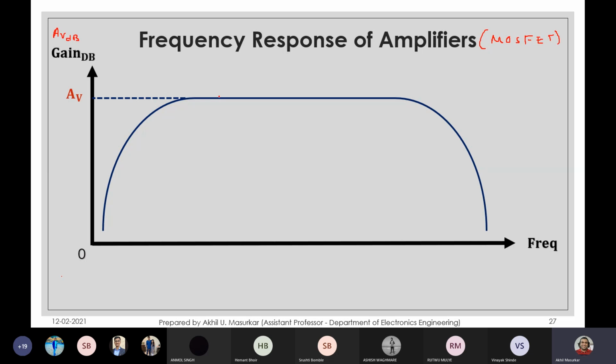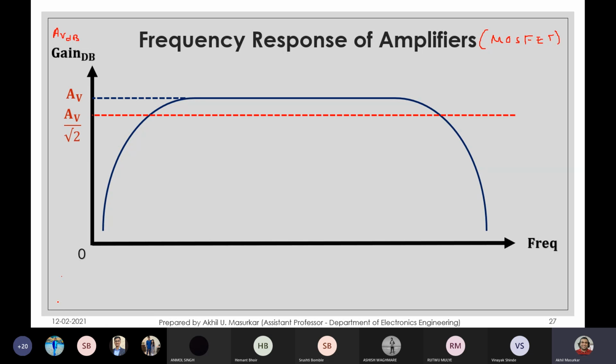This maximum gain value is called AV, and this gain is also called the mid-band gain. You can see that over a range of frequencies, this gain remains constant. So this maximum gain that we achieve is called mid-band gain.